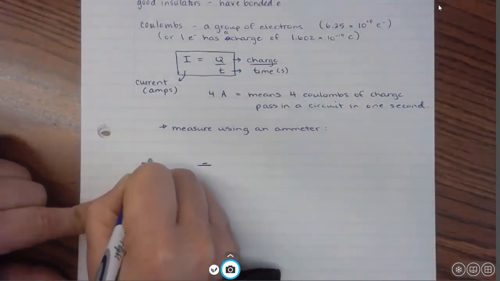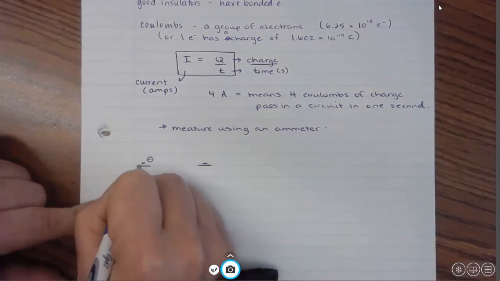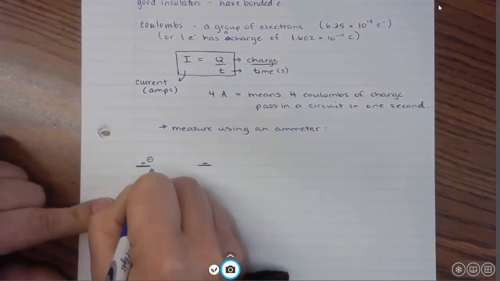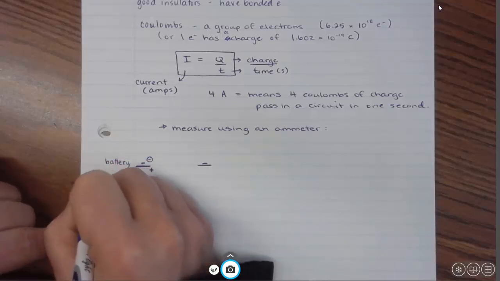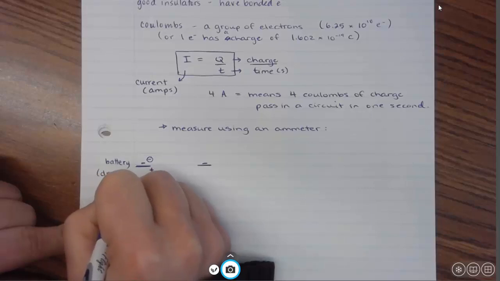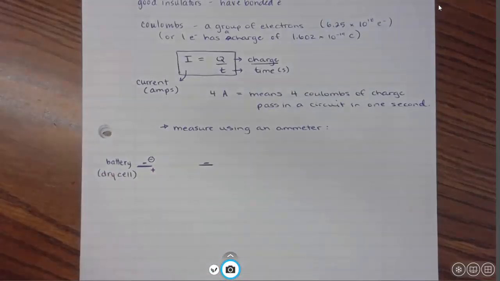The small line is the negative terminal of the battery, and the bigger line is the positive terminal. On the video, they called this a dry cell, and that's because it's dry. You can also have a liquid battery, which would be called a wet cell. An example of that is a car battery, where there's battery acid, which is a liquid inside of the battery as the chemical. But our batteries usually have a chemical paste inside of them, and that's why they're called dry cells.